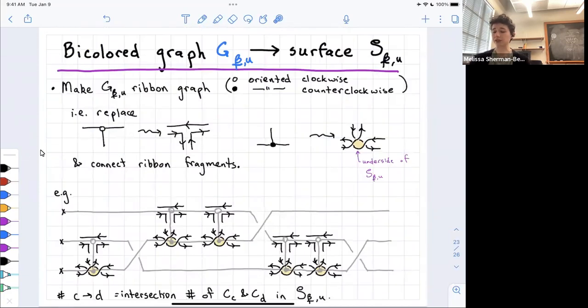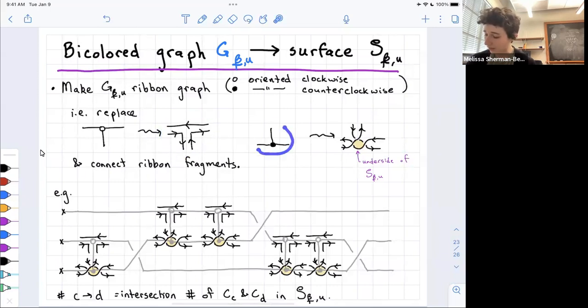It's a little bit more elegant to upgrade the graph to a surface, so you can pull your cycles around a little bit. How do you do this upgrade? You take every piece of your graph that looks like this, and replace it with a little ribbon that looks like this, boundary oriented as indicated.